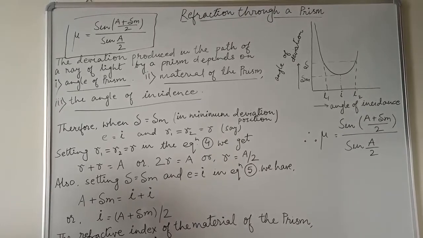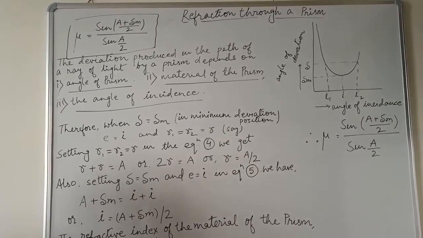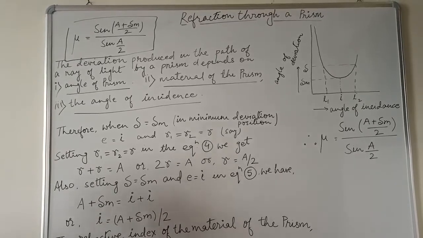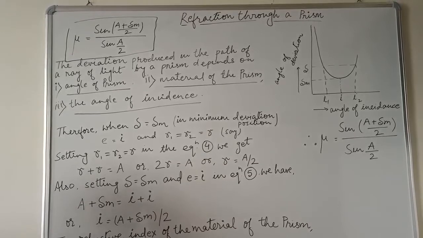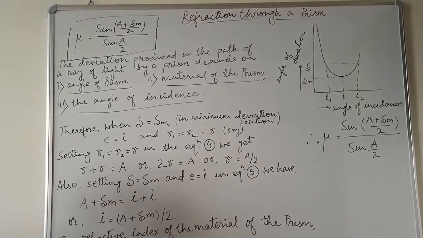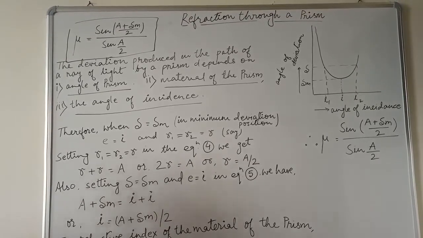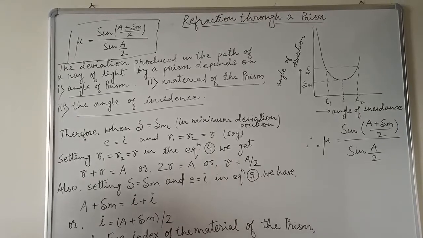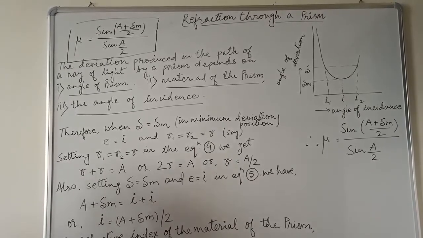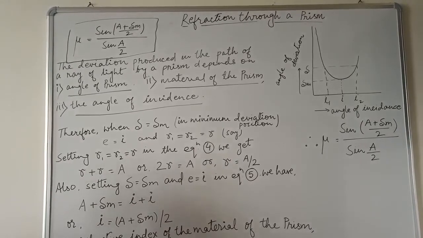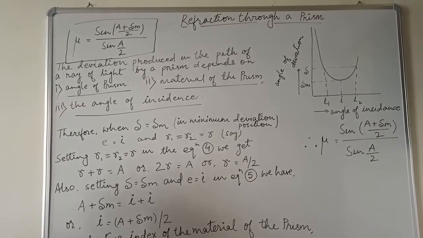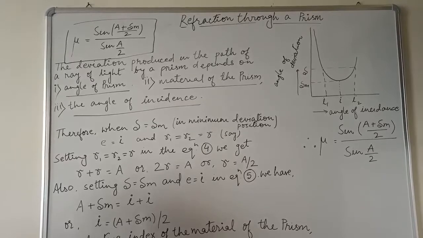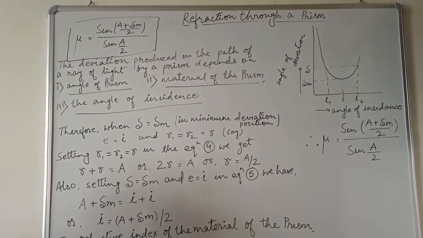But when it is placed in the minimum deviation position, there is only one angle of incidence corresponding to the angle of minimum deviation. In other words, there is only one angle of incidence for which the angle of deviation is minimum.